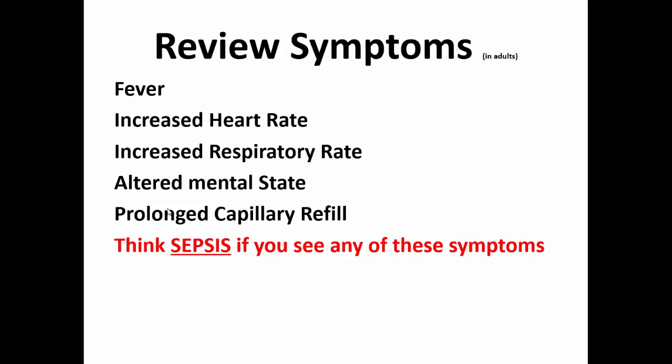So let's do a little review. The signs and symptoms of sepsis in adult patients include fever or potentially low temperature, hypothermia, increased heart rate, increased respiratory rate, altered mental status, prolonged capillary refill. You need to think sepsis if you see any of these symptoms.